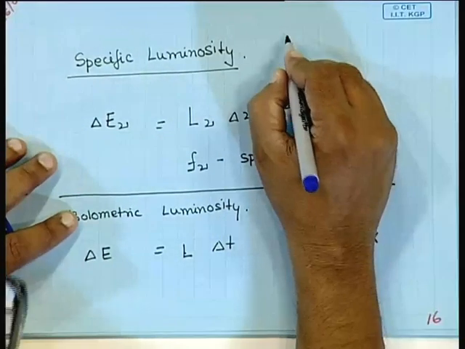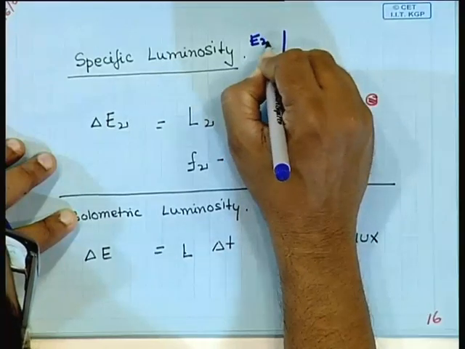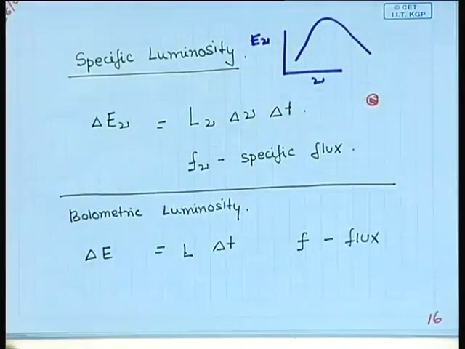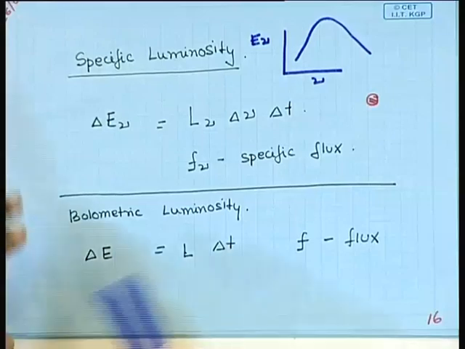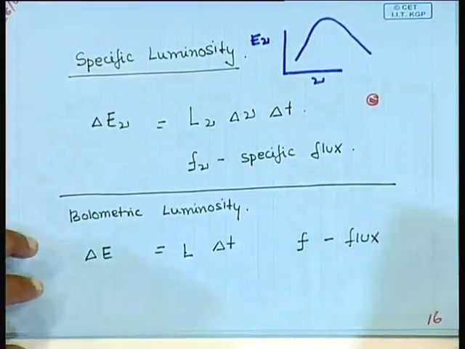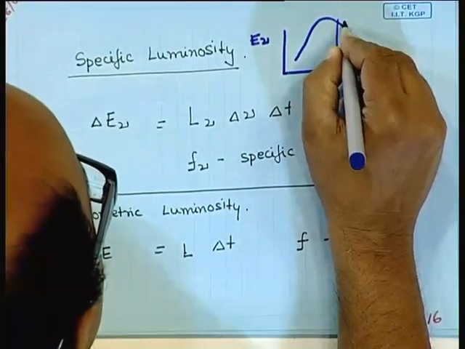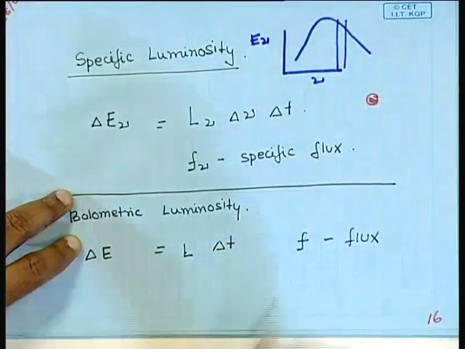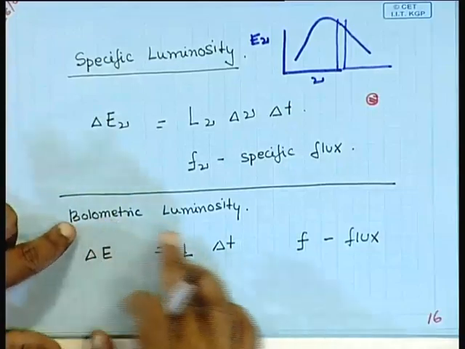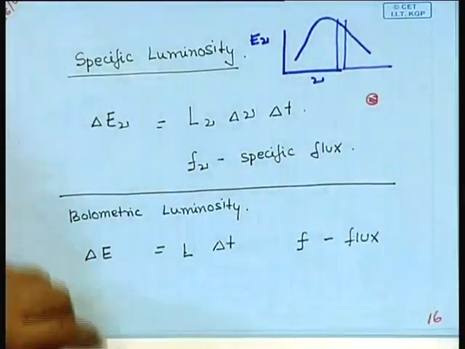So, if the radiation that is being emitted looks like this, some hypothetical situation, the source emits radiation over a range of frequencies, and the specific luminosity tells us the amount of radiation in a small range of frequencies like the one shown over here, whereas the bolometric luminosity tells us the total energy emitted over the entire frequency range.